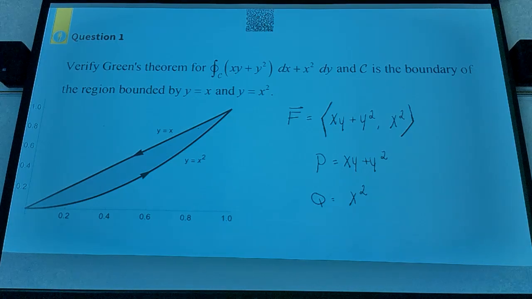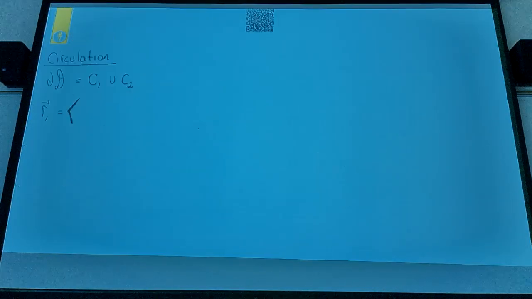So why not use that as your parameter? X is your parameter. What would your y component be?